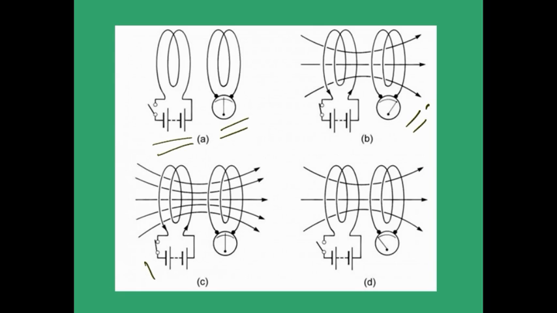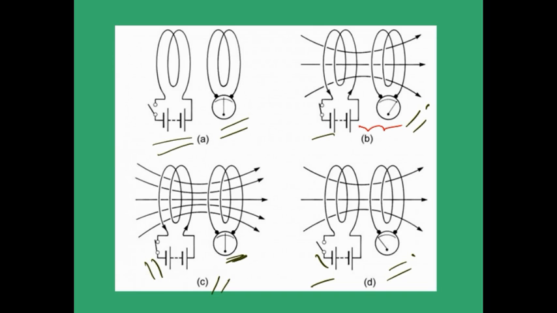See, here even though the key is closed in part C, still the deflection is 0. And when you open the key again, you find a negative deflection. So you have some deflection only when you close the key and open the key, only at those moments. So we are able to produce EMF in a closed loop even without any relative motion between these two coils.